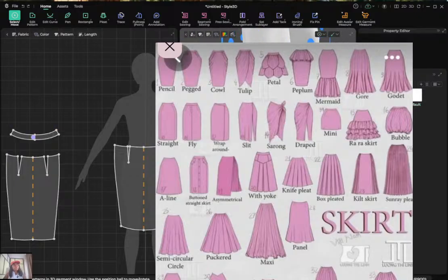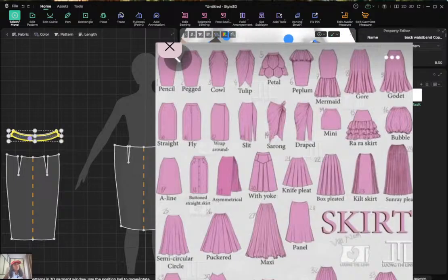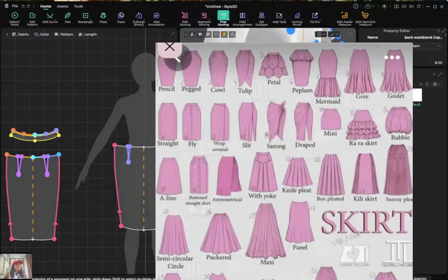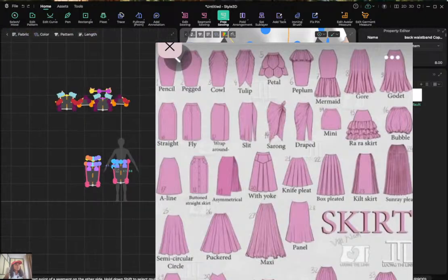Let me say Command C, Command V, and get a similar one, and make sure it's where it's supposed to be. Now I'm going to sew it. From here to here. Where is the other one?